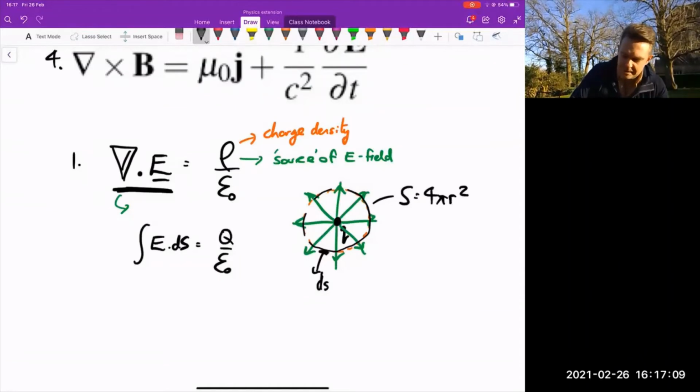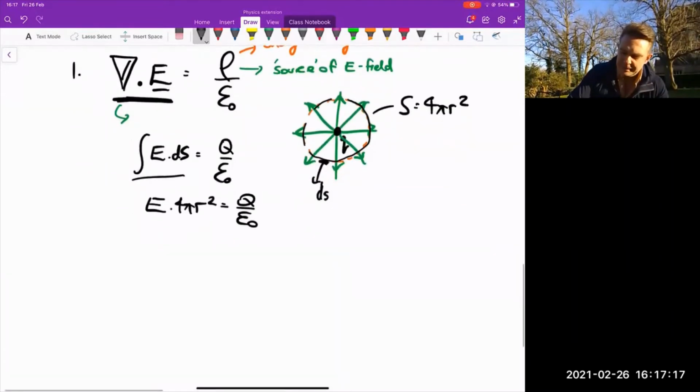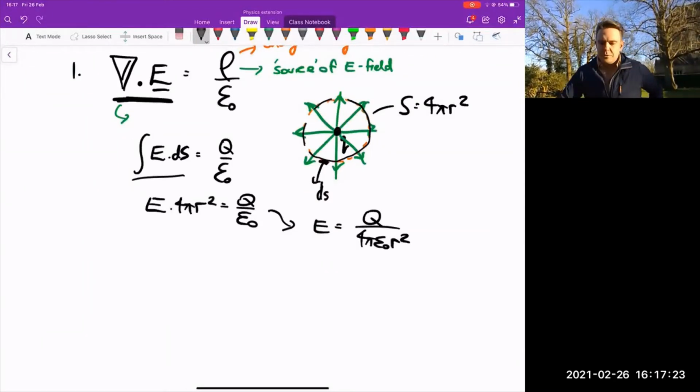So the integral becomes E times 4 pi r squared equals Q over epsilon naught, which of course becomes E equals Q over 4 pi epsilon naught r squared. So that law is basically Coulomb's law. Okay, so from equation 1 you basically get Coulomb's law.